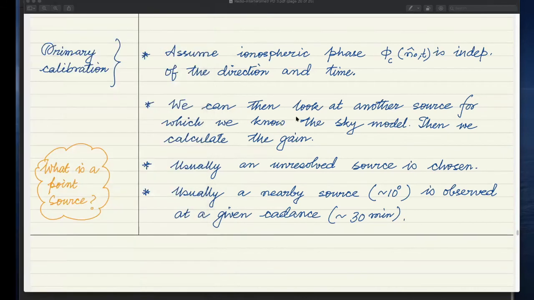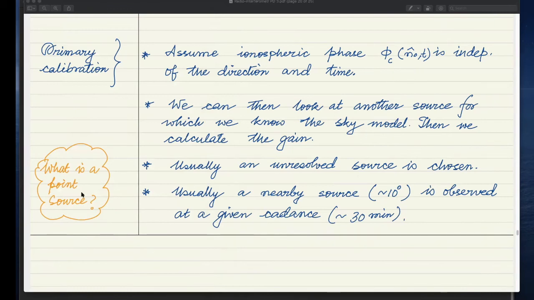So I assume that there is no time dependence, and you choose an unresolved source. You call it a point source, put it at the phase center. It should not be very far away. It should be within, say, 10 degrees from your target source. Otherwise, that phi c term will change drastically and you will not be able to get a good calibration.